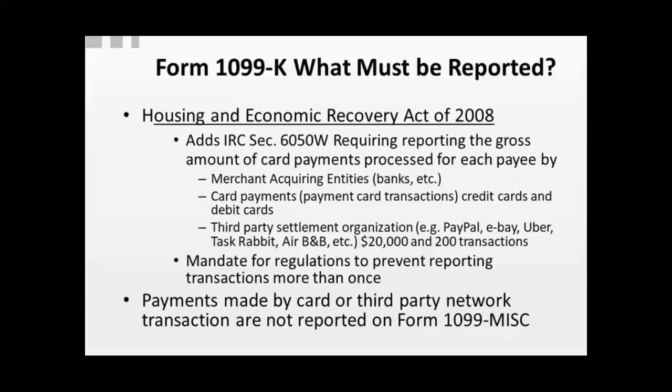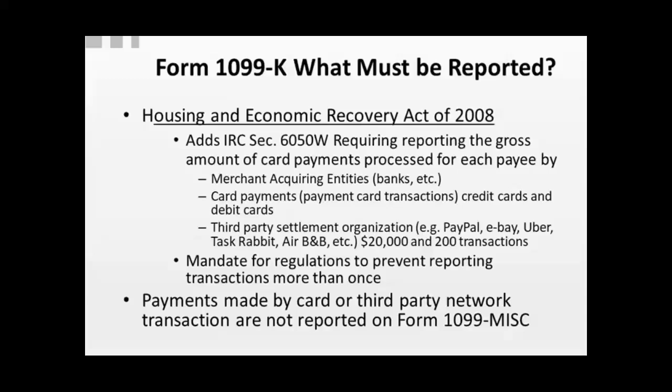Now, it's not just PayPal and Square. It's also eBay, Uber, TaskRabbit, Airbnb, and all of these things in the gig economy or the new electronic economy and so on, where these platforms are serving as an intermediary between the provider of the services or the rental or whatever and the consumer.